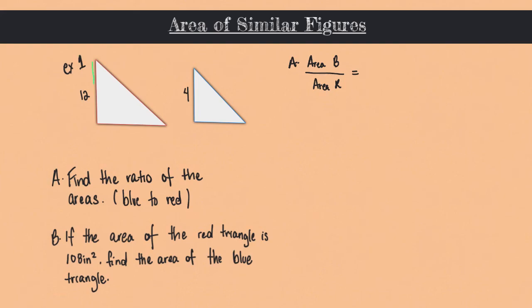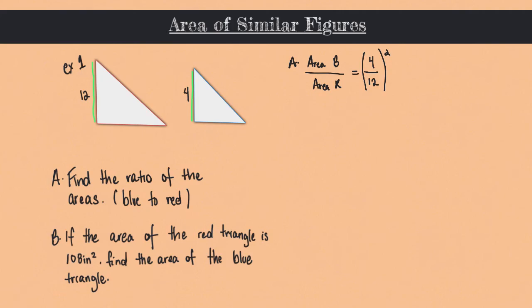So you have 12 and you have 4. Now remember, the order is blue to red. So the 4, the height of our blue triangle, is in our numerator, and the height of our red triangle is in our denominator. Okay, and the ratio of the areas is the square of the ratio of the corresponding sides. So you can go ahead and simplify the fraction that's inside the parentheses before you square it.